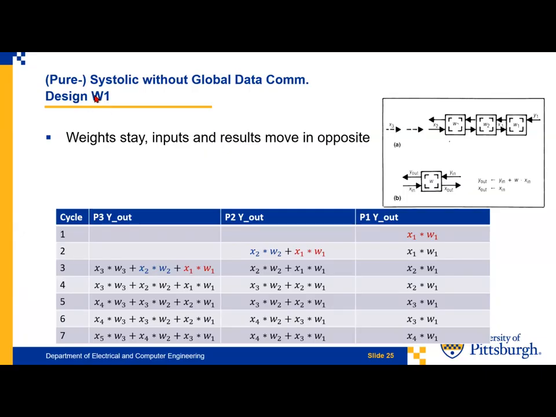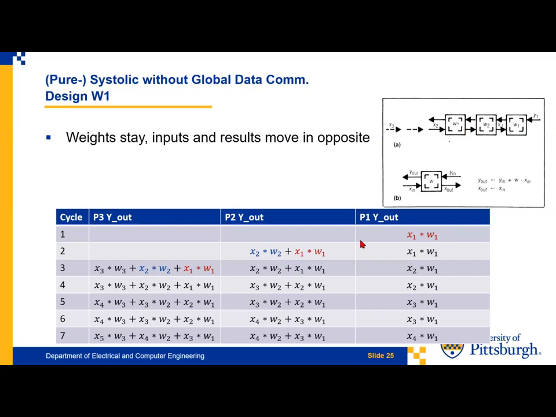Also, this is the W1 design for pure systolic. The weight stays, and the input and the result move in opposite directions. The weight stays in the processing element, the result propagates from the right-hand side to the left-hand side, and the input propagates from the left-hand side to the right-hand side.